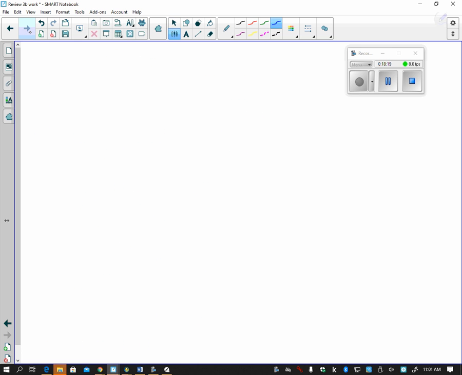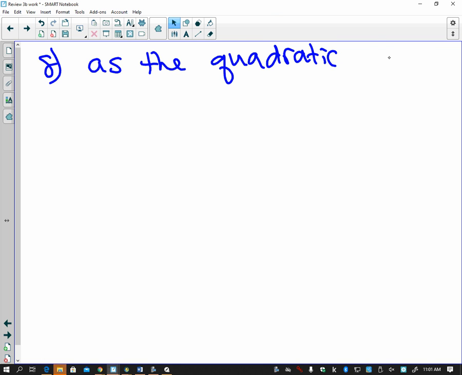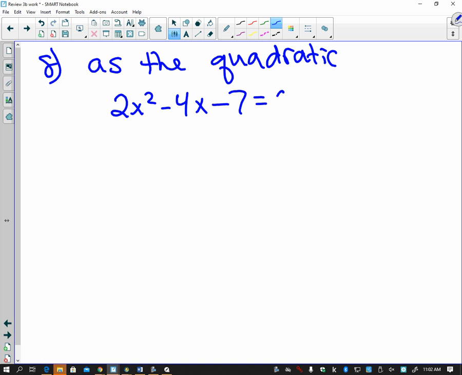All right, so this is number 8 as the quadratic. It starts off as 2x squared minus 4x minus 7 equals 0.